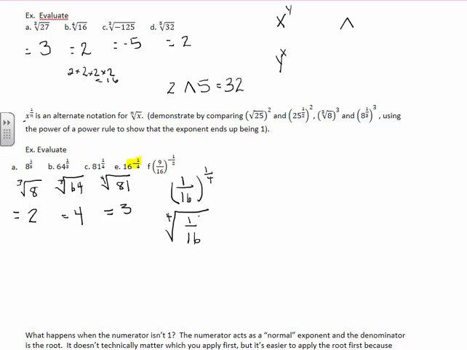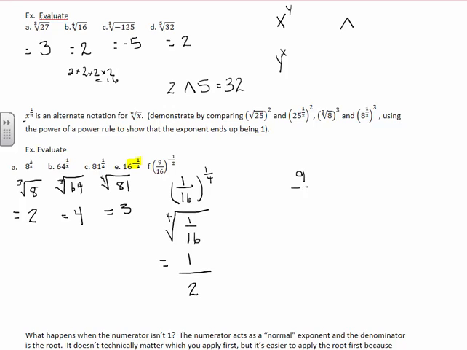Now I know any number multiplied by itself 4 times, 3 times, the fourth root of 1, the square root of 1, the cube root of 1, no matter what, is going to be equal to 1. Now I'm trying to ask myself a number multiplied by itself 4 times that equals 16. And that would be 2. 2 to the power of 4 equals 16. So 16 to the negative 1/4 is actually equal to 1/2.